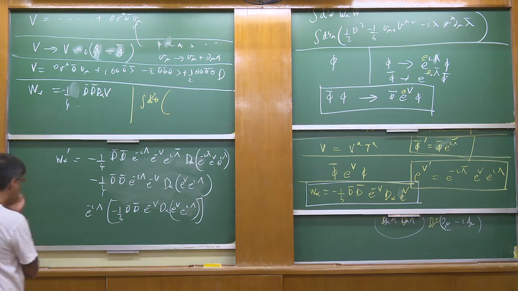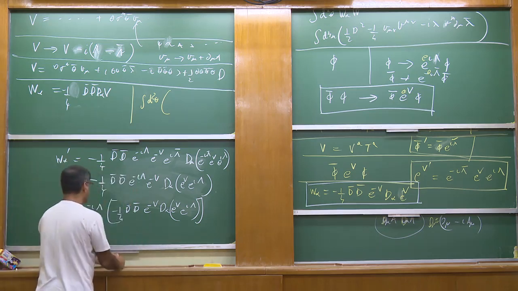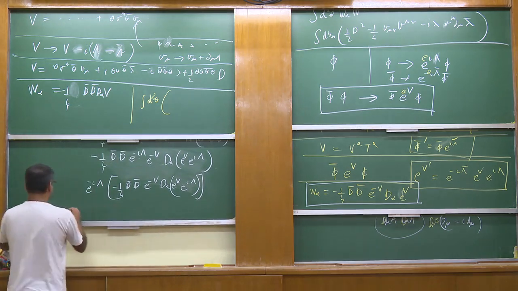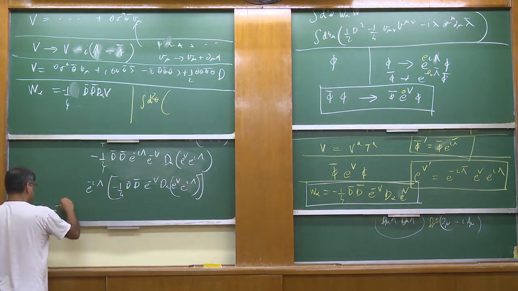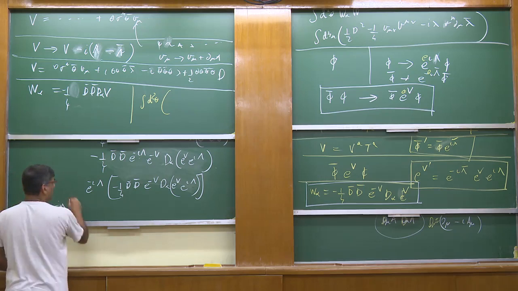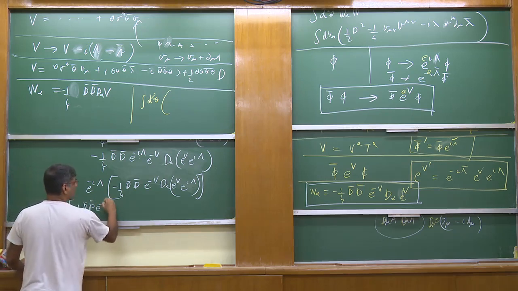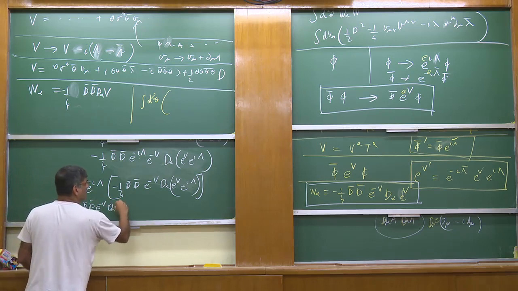It kills it? Ah, maybe you're right. Okay, good. So we have e to the power I lambda times minus 1/4 D bar e to the power minus V D bar e to the power V.